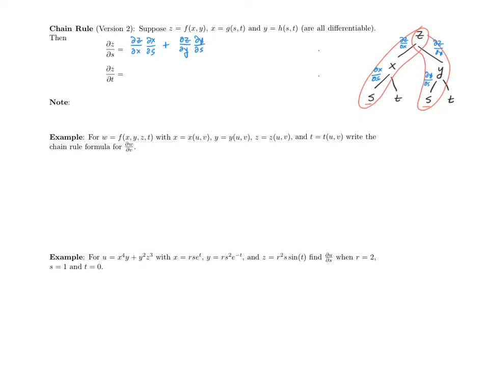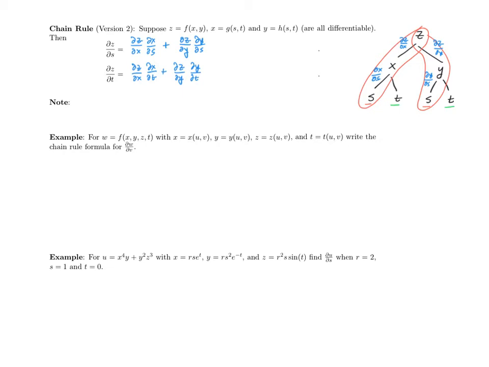And similarly, for dz dt, you can note the spots where t ends up in that bottom row and go down those corresponding branches. So we would have dz dx, dx dt, plus dz dy, dy dt, where each of these are partial derivatives.